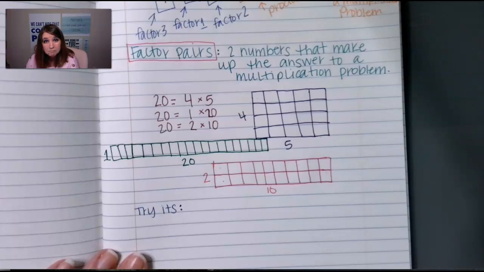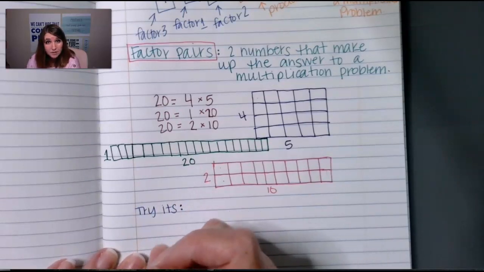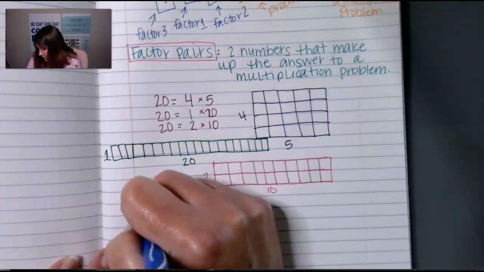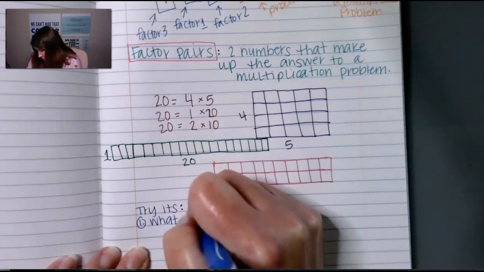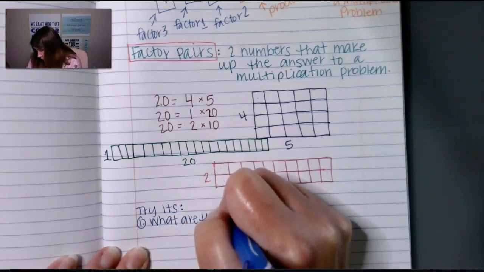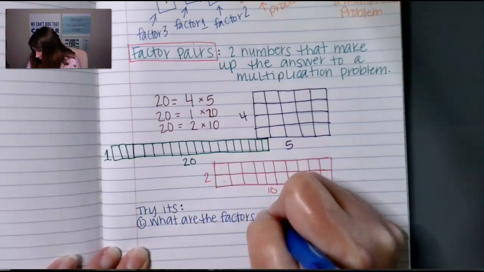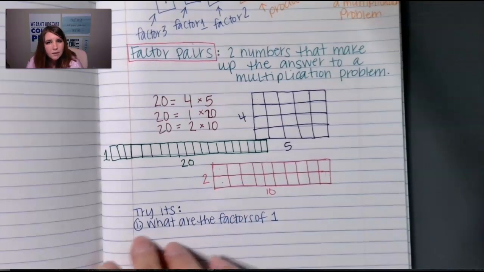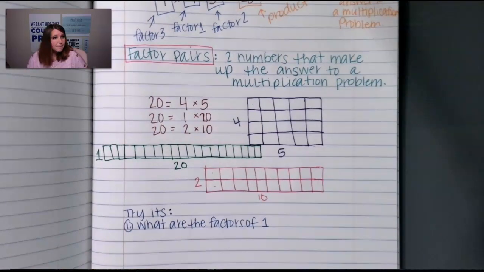I want you to go ahead and try that one. Question number 1 is, what are the factors of 1? If I'm looking for the factors of 1, what would I have to put together in order to get to 1?